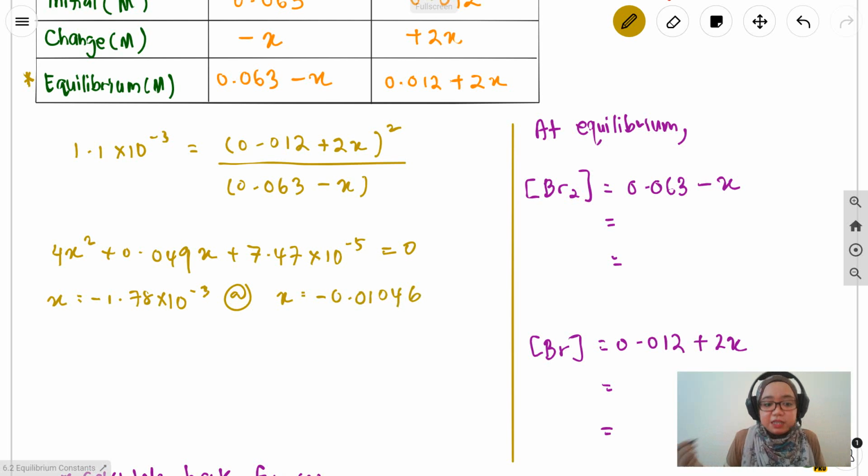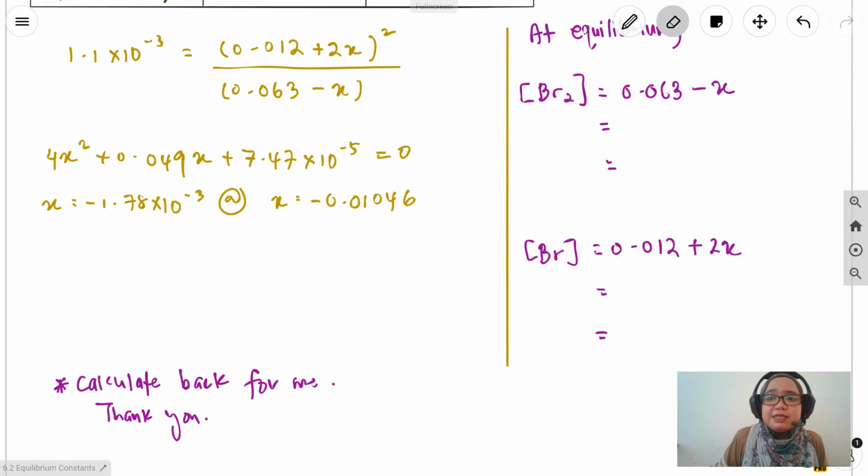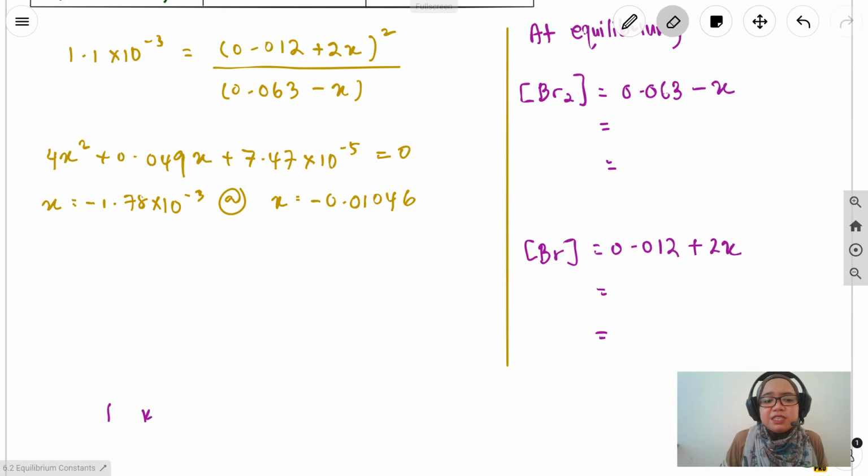So both are negative. Usually one value of x can be positive and one negative, so we can ignore the negative value and take the positive value of x. However, in this case both x values are negative. So what we are going to do is substitute both values of x one by one. We will do it like this.